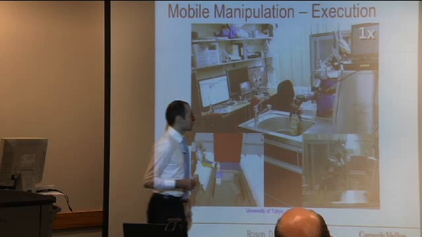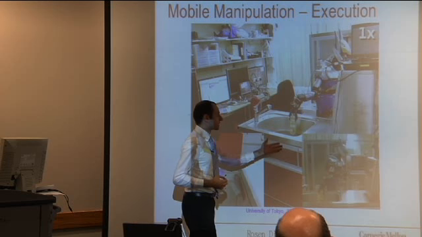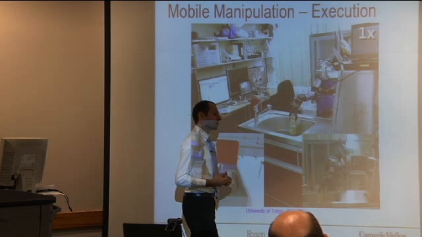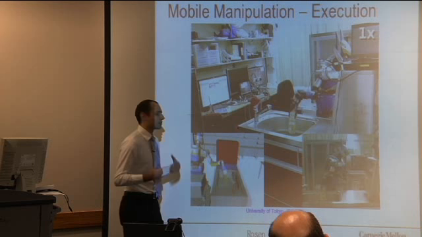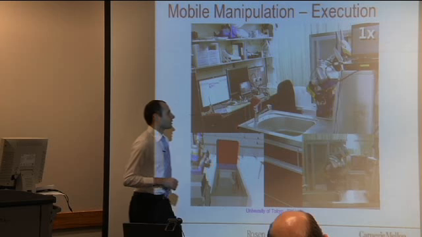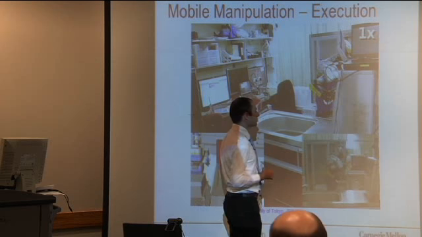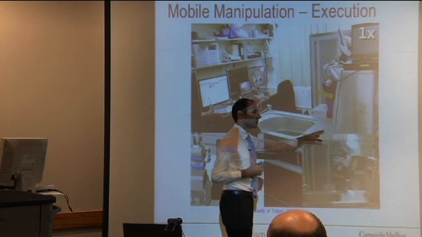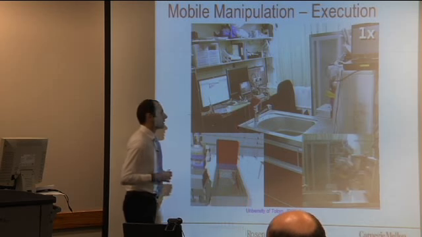And once it has grasped it, it tries to put it close to itself so that it can get into a navigation mode and start navigating around the world safely again. And once it has navigated to its destination, it will attempt to pick up and place the object there.